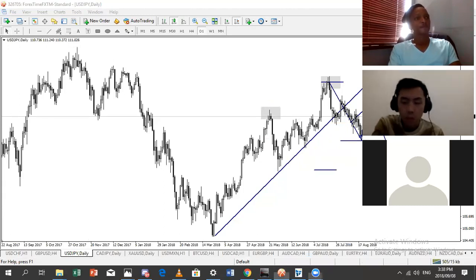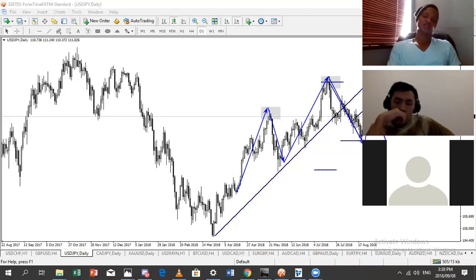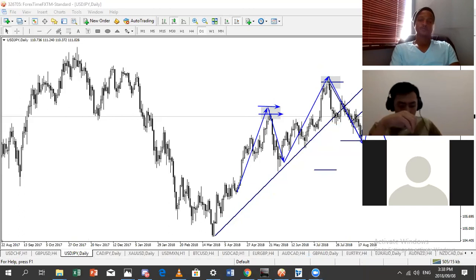For me, it's going to be, let's say, first leg, pull back, highs are getting higher. Now suddenly we had a breakout, retest. We're expecting price to pull back to that level, forming a very nice head and shoulders there.